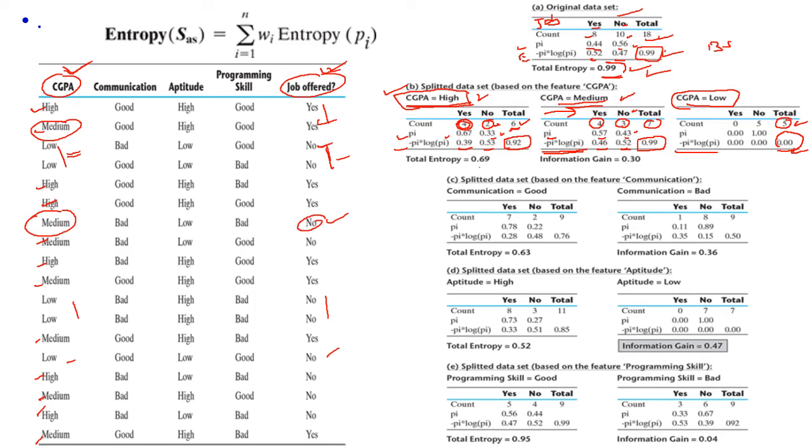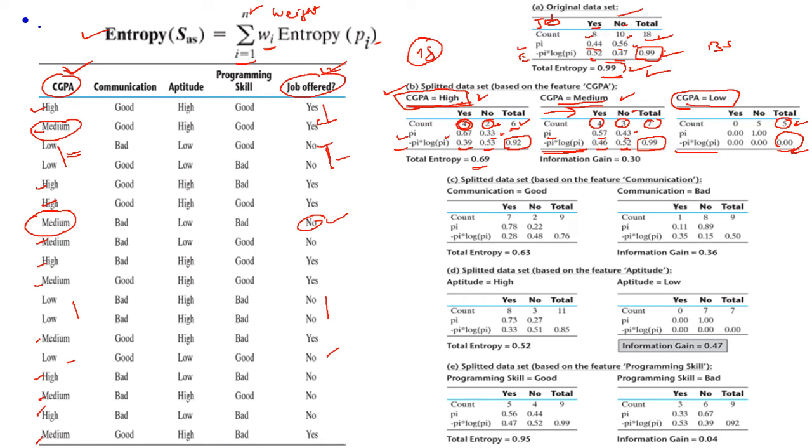Now we need to compute the entropy value. The entropy after split is the summation of i equal to 1 to n of Wi times entropy of Pi, where Wi is nothing but the weight. Total records are 18.